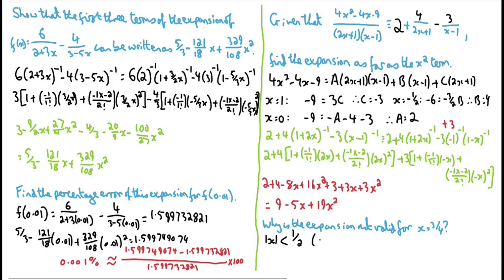And technically you also have that the modulus of x is less than 1 over 1 from this one, but this is the smaller value that we have to be less than, so this is the one we'll focus on. So the modulus of x has to be less than a half, but 3/4 is greater than a half. Therefore, it is not a valid value of x for this to work.